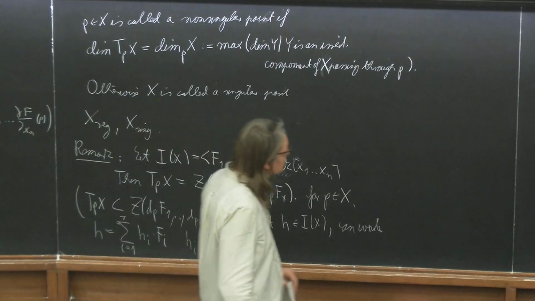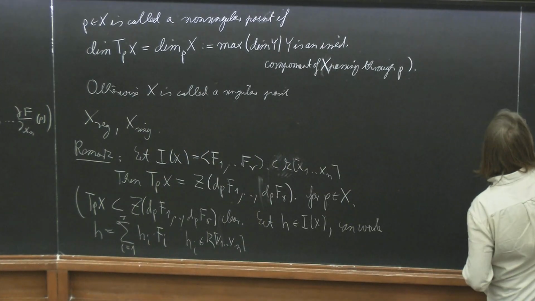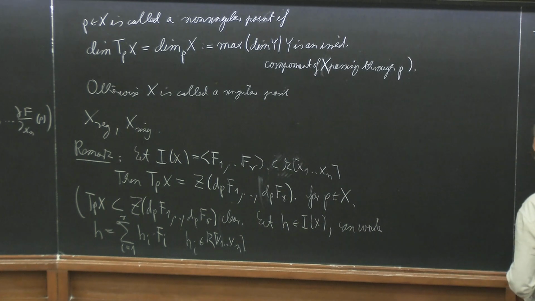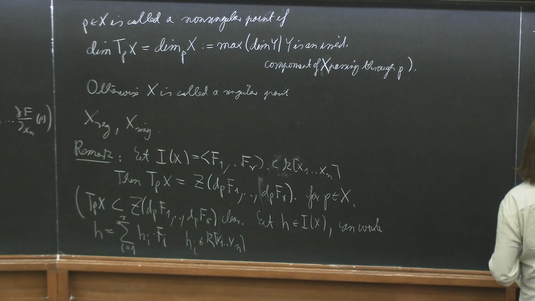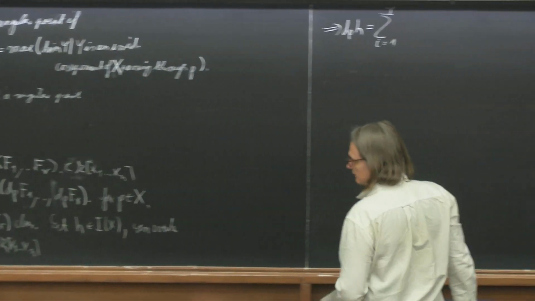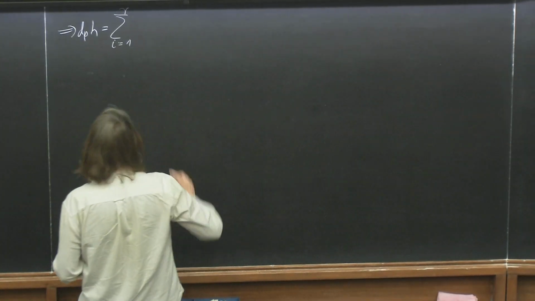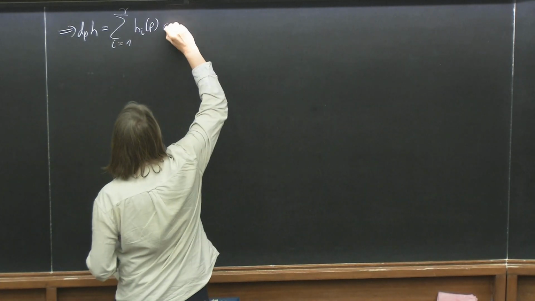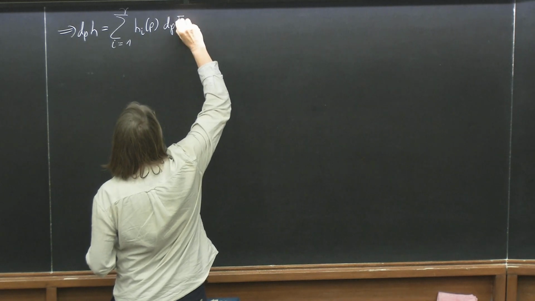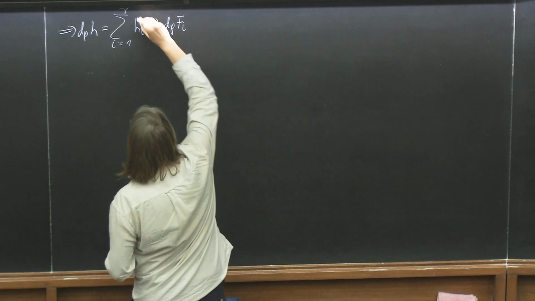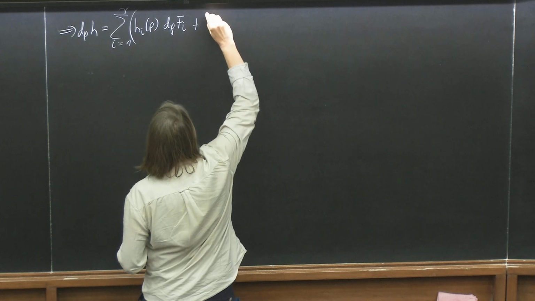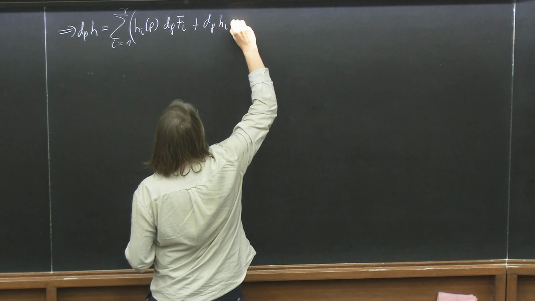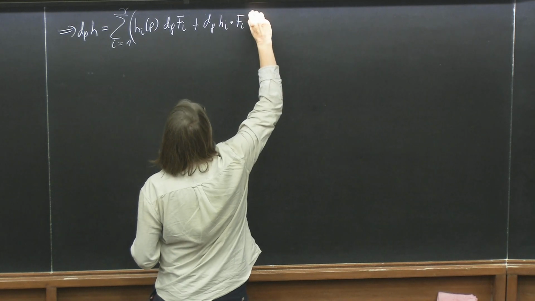And thus, if we take the differential, this is equal to the sum i equals 1 to r, and we apply the Leibniz rule. So we have h_i(P) times d f_i plus d h_i times f_i(P).